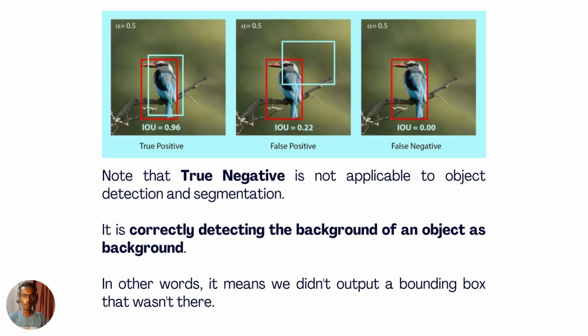On the third image, we have just the ground truth bounding box and an IOU of 0 because we don't have any prediction boxes, and that's a false negative. We don't use true negative because it means we didn't output a bounding box when that bounding box wasn't there. So it doesn't make sense to use true negative in object detection.